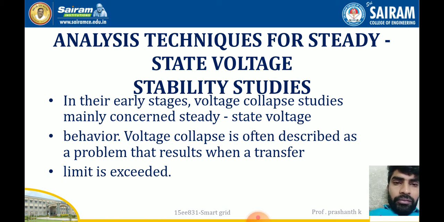Voltage collapse is often described as a problem that results whenever the transfer limit is exceeded. So it is an often occurring collapse in the power system supply. This technique analyzes, expands and extends, and then it may resolve the problems, right?